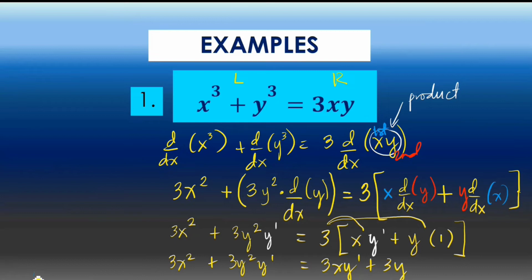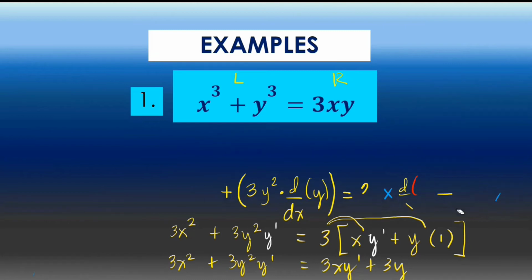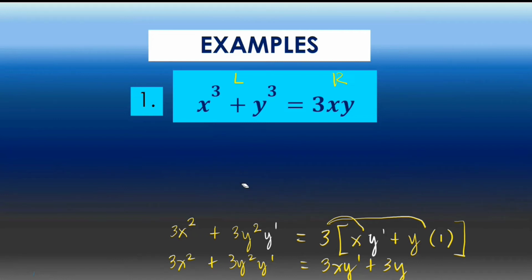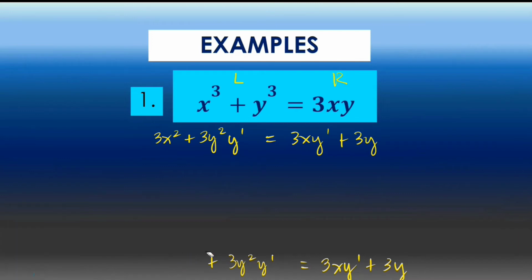So I'll erase this portion. Okay. So that is again 3x squared plus 3y squared y prime equals 3xy prime plus 3y.